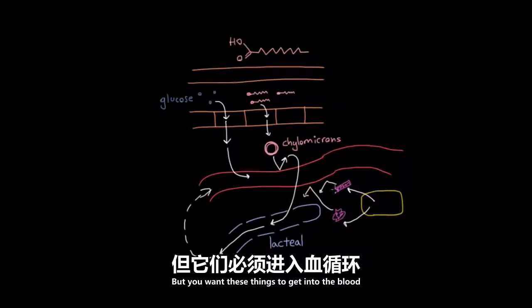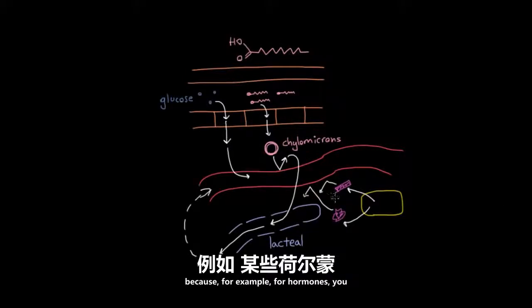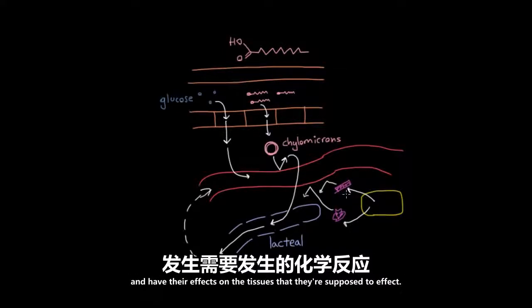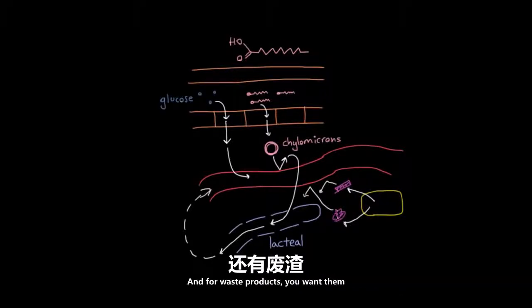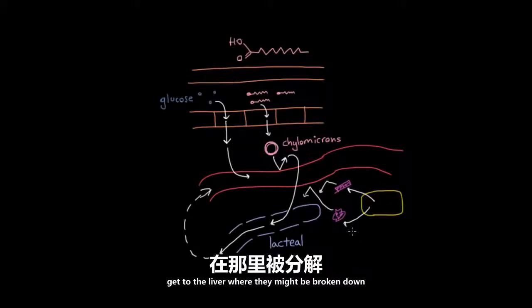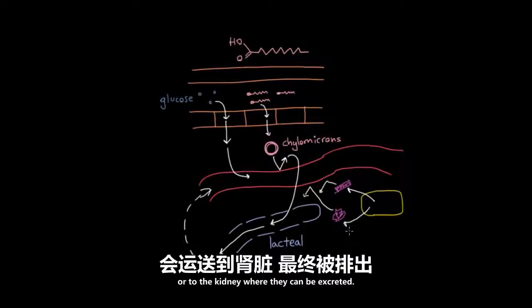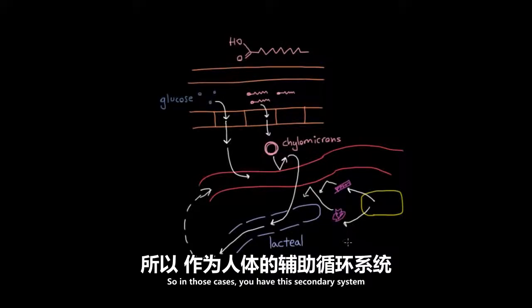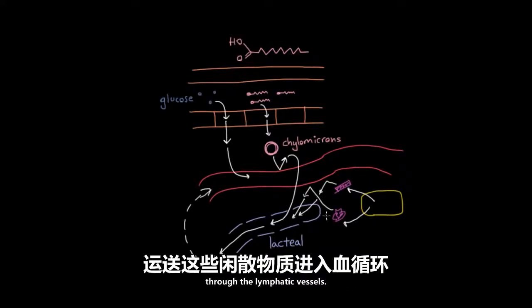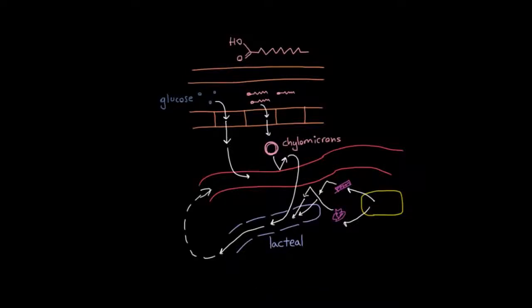But you want these things to get into the blood because, for example, for hormones, you want them to be able to travel throughout the body and have their effects on the tissues that they're supposed to affect. And for waste products, you want them to be able to get into the blood and eventually get to the liver where they might be broken down, or to the kidney where they can be excreted. So in those cases, you have this secondary system of getting these things into blood circulation through the lymphatic vessels.